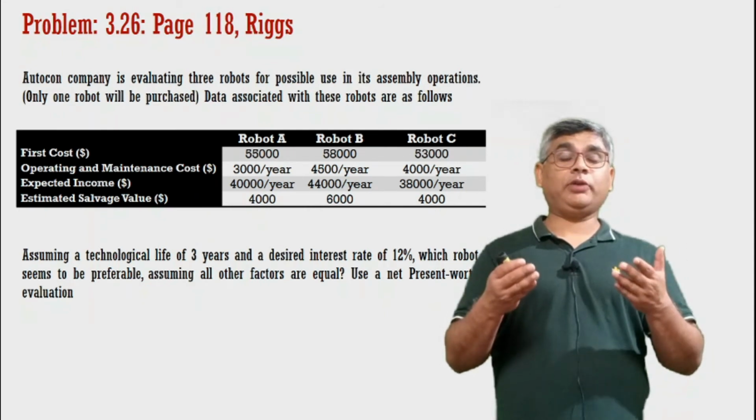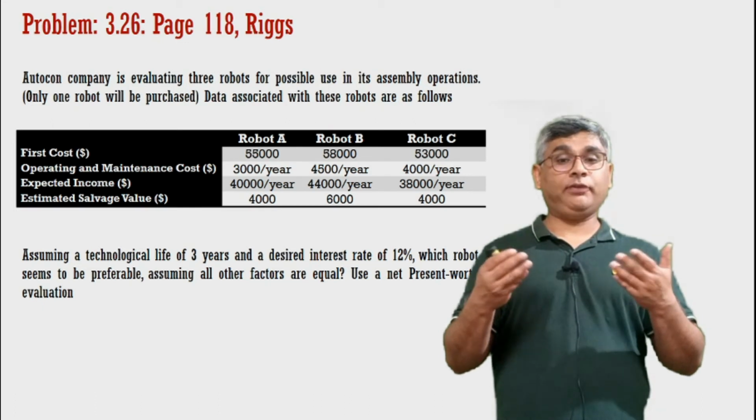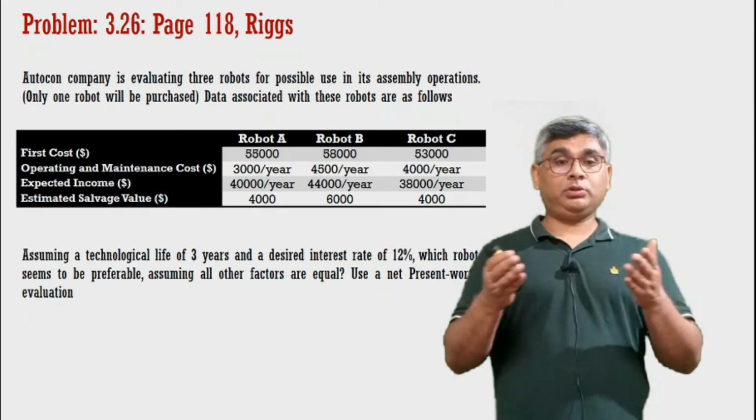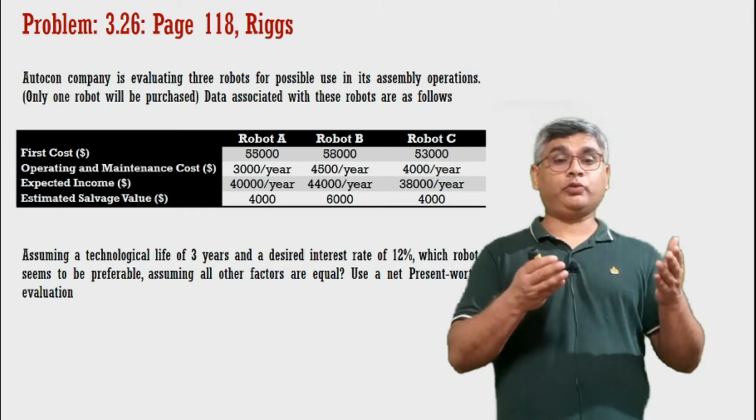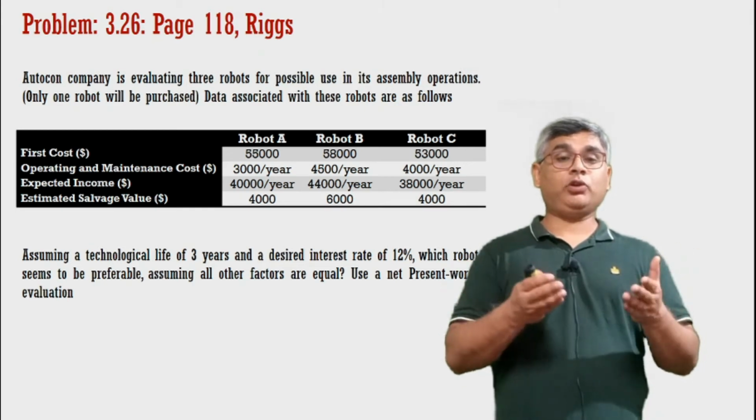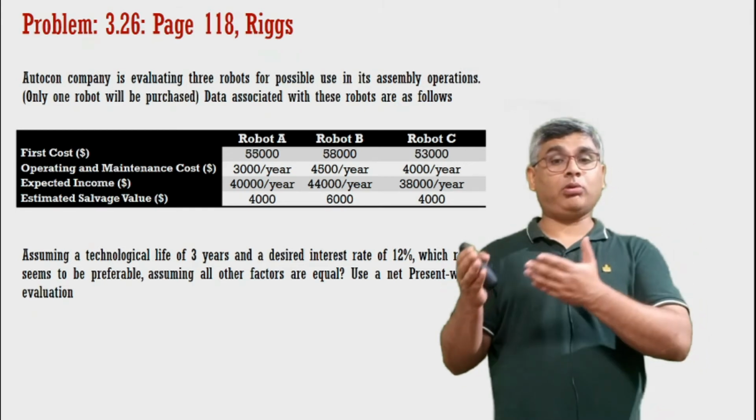That means whatever is earned when this is sold when the economic life is over. So these different values for these options are given for each robot A, robot B and robot C.